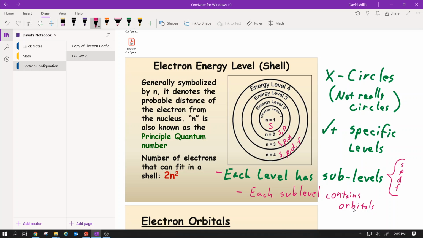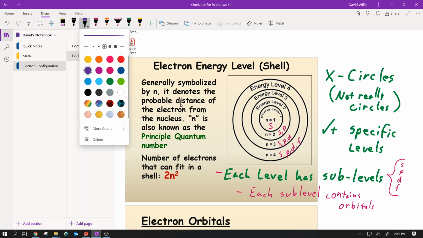Okay, so each level has sublevels, and each sublevel then contains orbitals. Now then the question is, well, gosh, how many orbitals?